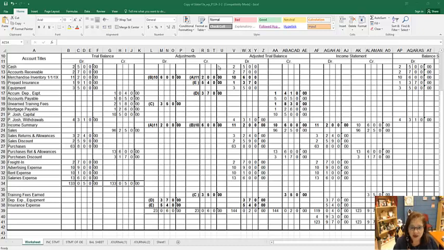Nothing happened with cash. Nothing happened with accounts receivable. But here we notice that the adjusting entries are already in for the merchandise inventory. Now remember, the reason that this is happening is because what we're trying to do is bring forward the balance that we ended up with. Instead of saying we have this much on hand, this is how much was sold.